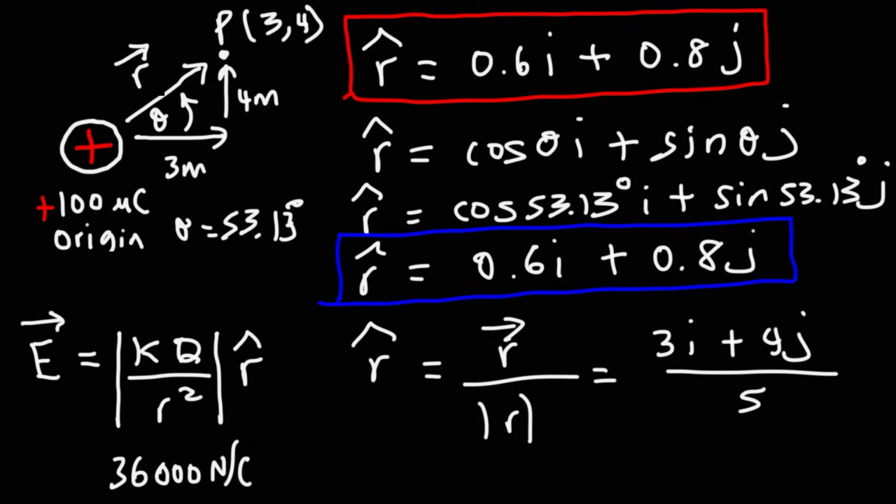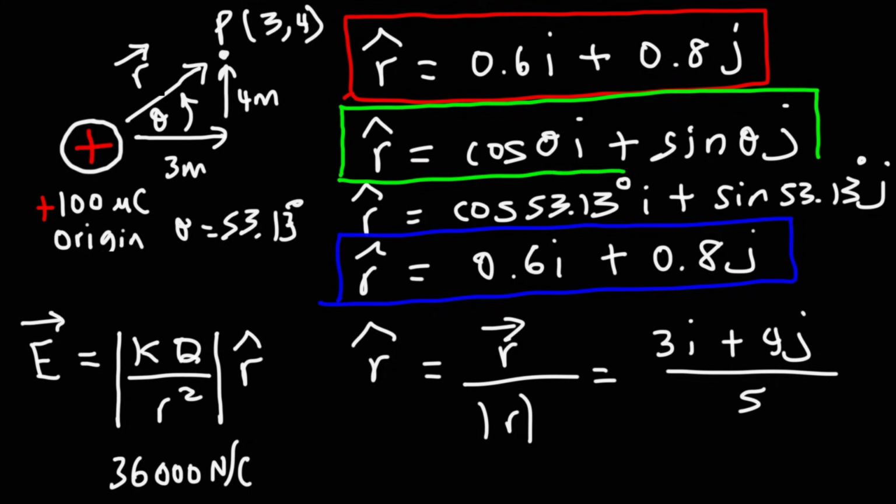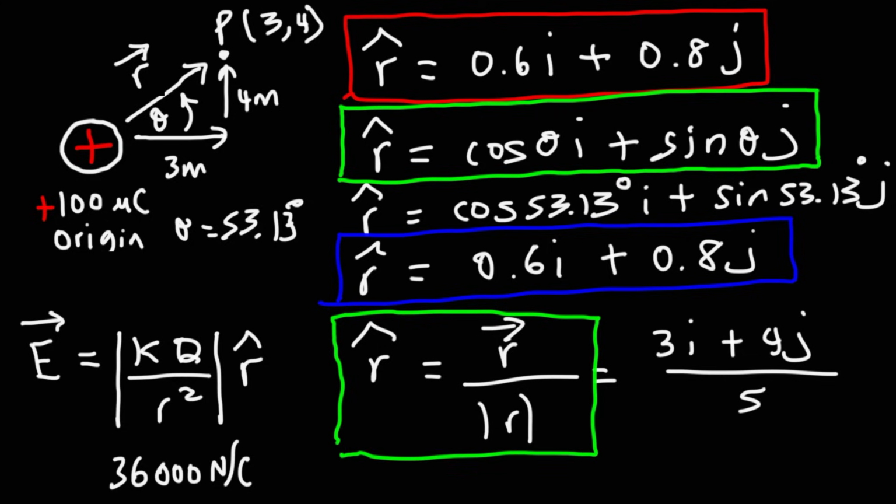So here are the two formulas. I'm going to highlight it in green. If you know the angle of the vector from the positive x-axis, you can calculate r hat, the unit vector, using this formula. If you don't know the angle, but you know the position vector, the best way to find r hat is this way. Because once you know the position vector, you can easily calculate the magnitude of the position vector. And when you divide those two, that will give you r hat.